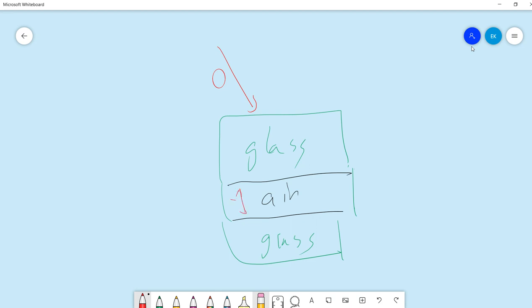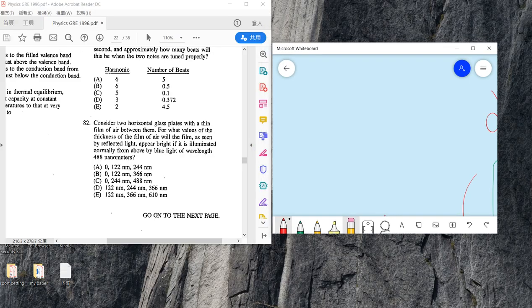And this is t. Okay, so basically your light goes in and goes back, so it travels 2t. It travels 2t. Okay, so 2t just equals m lambda.